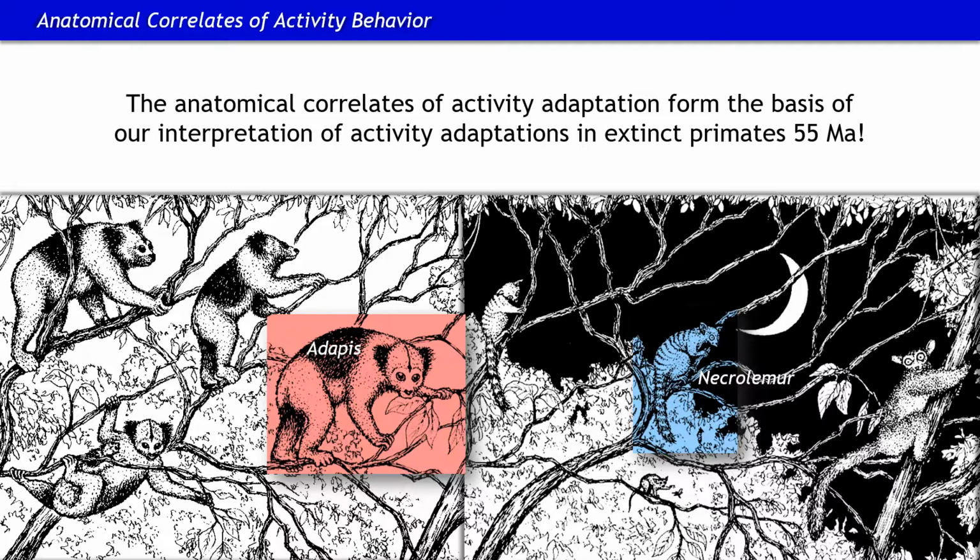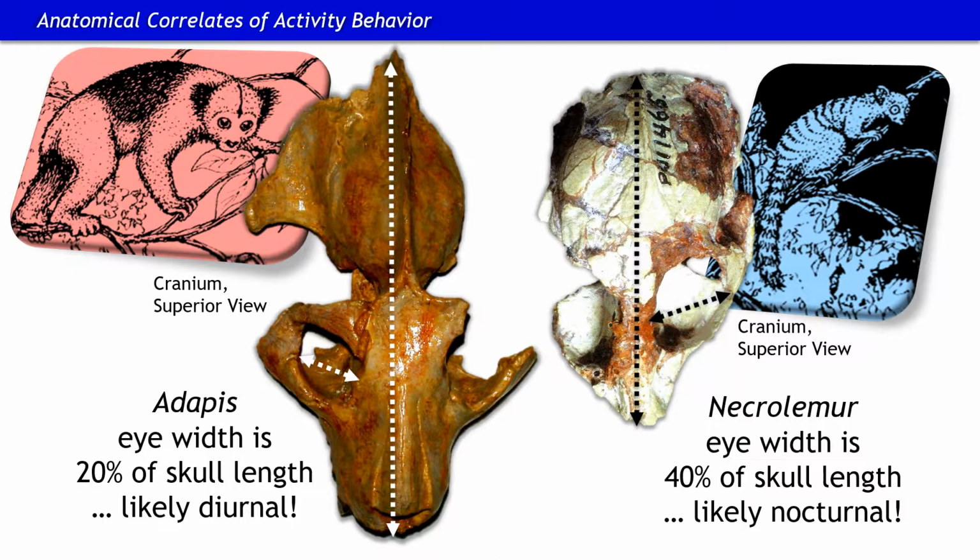The anatomical correlates of activity adaptation form the basis of our interpretation of activity adaptations in extinct primates 55 million years ago. So we'll be taking a look at Adapus and Necrolemur. So eye width in Adapus is 20% of skull length, likely nocturnal, and here is their eye region right here where I took the measurement.